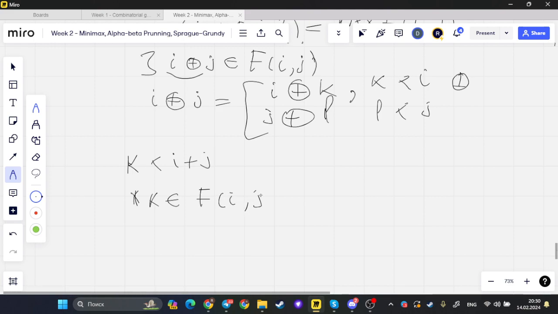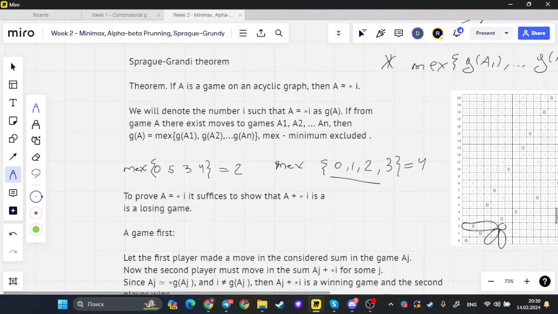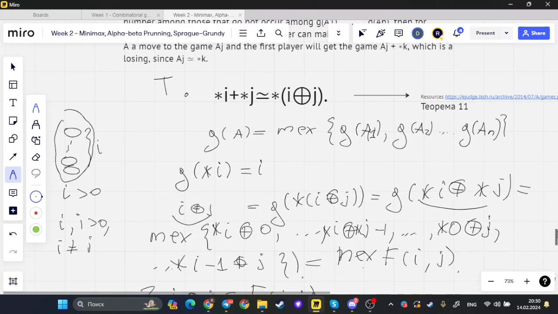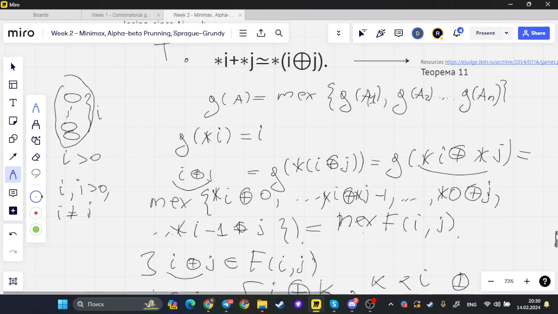We need to prove this. Okay, use this fact, and we get that the max of e plus g equals e plus g.